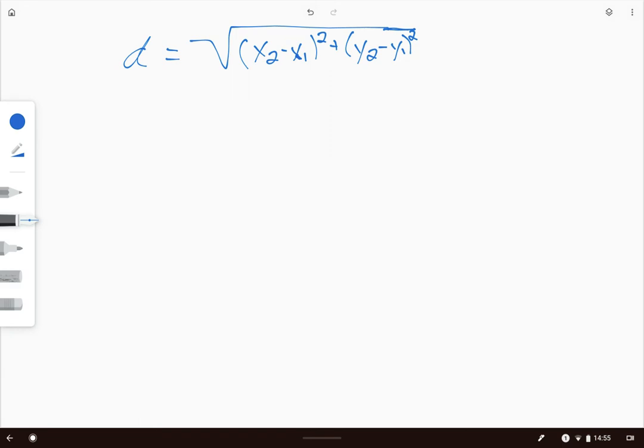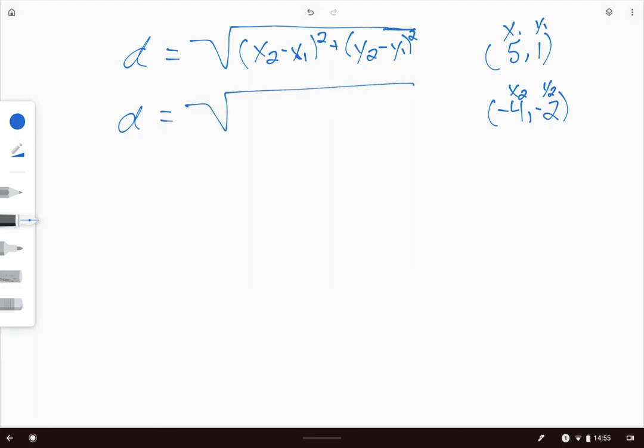And my points were (5, 1) and (-4, -2). We'll make the first one x1, y1, and the second one x2, y2. And let's just start substituting things in.